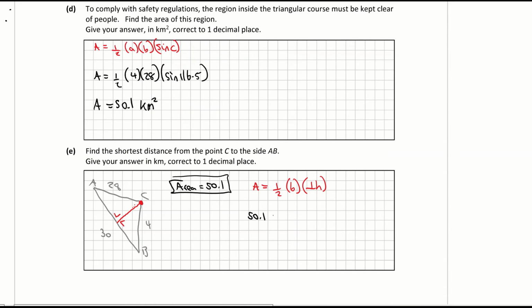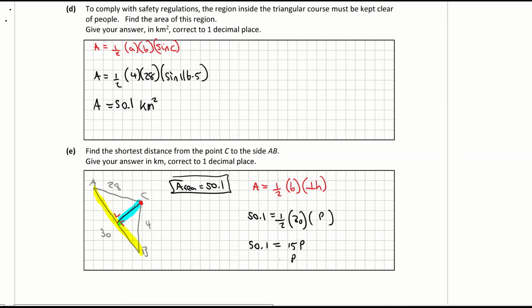Area 50.1 equals half the base. The base of this triangle will be my AB, which is 30, times the perpendicular height, which would be this new red line that I've drawn in. I'm just going to call that P for perpendicular. So that gives me 50.1 is equal to half of 30, which is 15, times P, which is 15P.